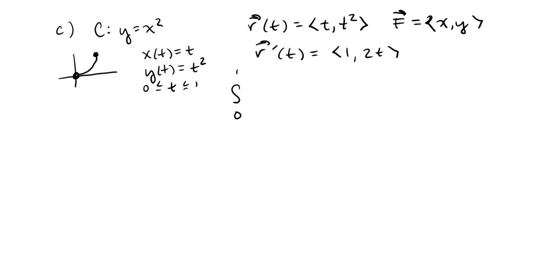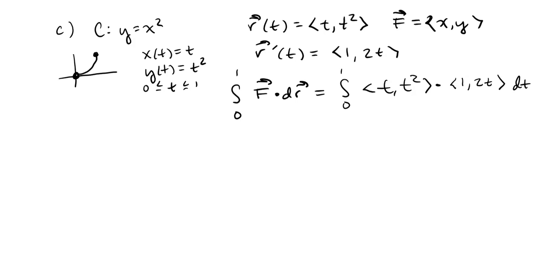So now we'll do the integral from 0 to 1 of F dot dr, which is the integral from 0 to 1 of (t, t squared), which is F with the x and the y plugged in, dotted with (1, 2t). So that's going to be the integral from 0 to 1 of t + 2t cubed dt.